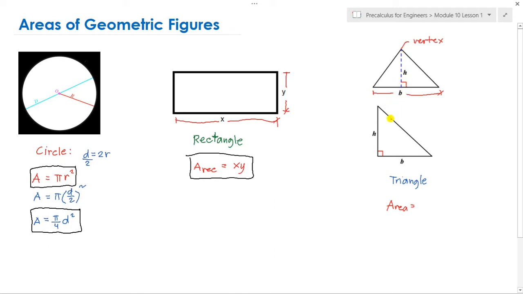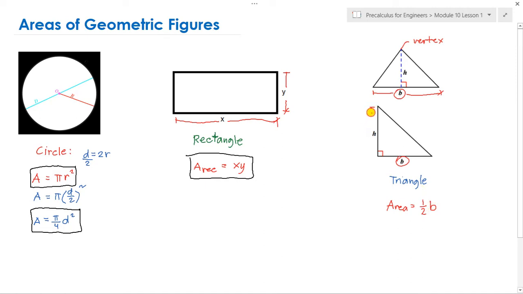If we are given this, what would be its area? What is the area of our triangle? That is one half base times height. The base is the measurement at the bottom, times the height or the altitude.